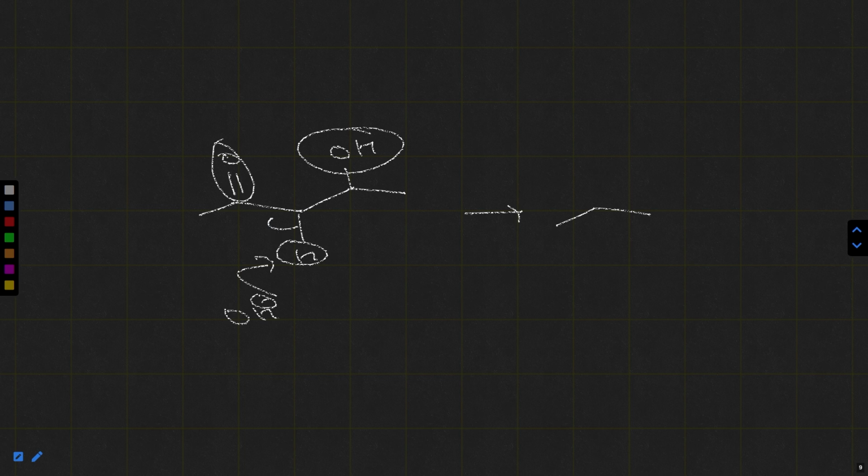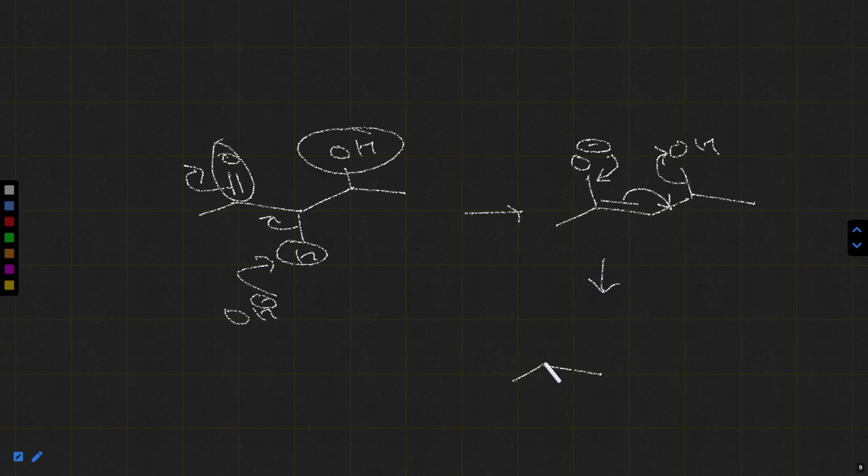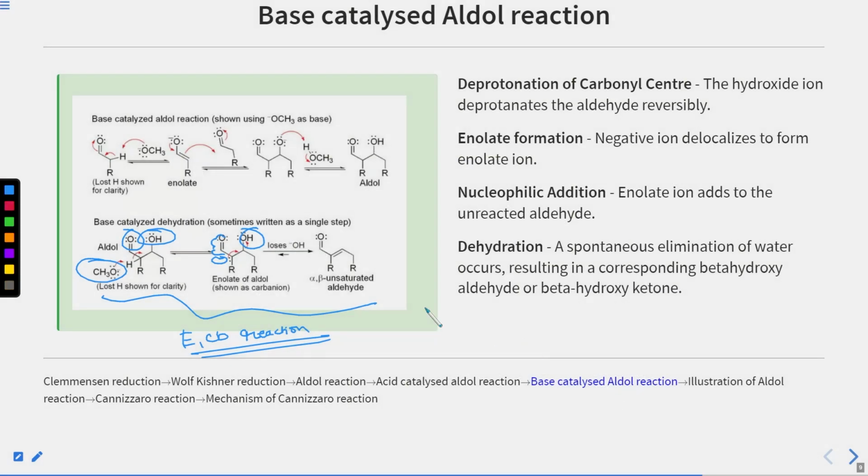Now this bond will propagate and move to oxygen, and here will be a double bond and OH. Further, this negative charge present here will be propagated back, the double bond will move here, and OH will be kicked out. This will create your required product, that is, an alpha beta unsaturated ketone, or aldehyde if this R is equal to H. Okay, clear? So this is your overall reaction.